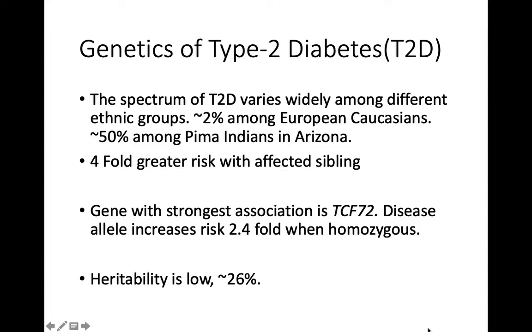Now, type 2 diabetes has a different pattern of genetic contribution. As a reminder, there are two types of diabetes, both of which involve the inability to regulate blood sugar levels. Type 1 diabetes is caused by an immune response that attacks cells of the pancreas, which is the source of insulin.